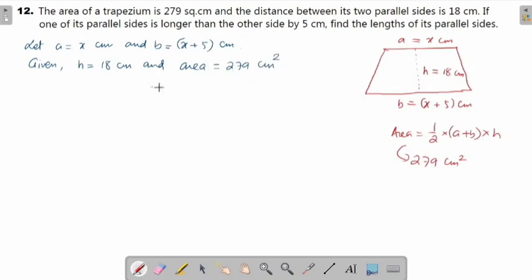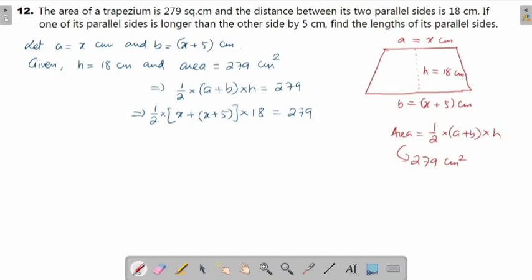In place of area, let me write half into A plus B into H, so we have this equal to 279. Half into A plus B into H is also area, right? So let's put the values now. We have half into A, which is x, plus B, which is x plus 5, into H, which is 18, equals 279.